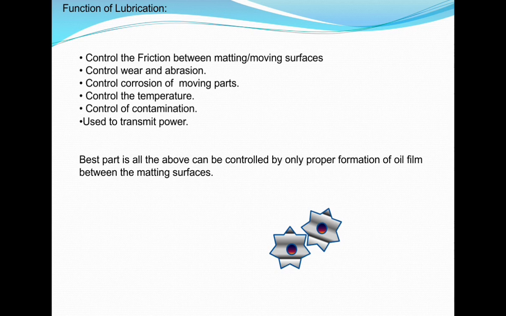This dust and the wear-out particles are taken out by the lubricant and filtered outside in the filter, and fresh oil again goes to the system. Lubrication is also used to transmit power.